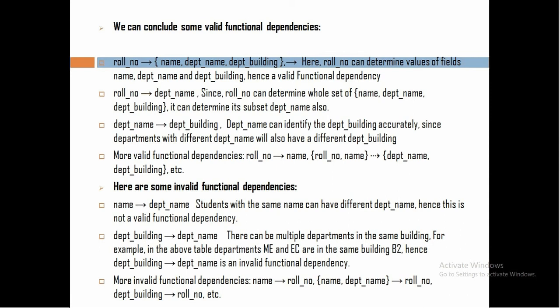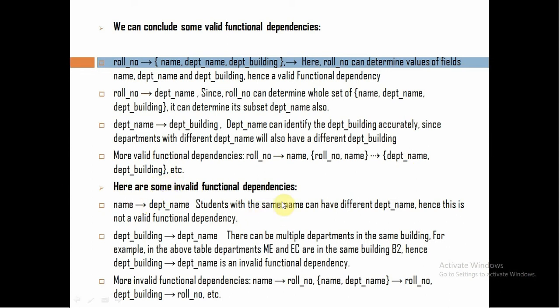These are some valid functional dependencies. Roll number determines name, department building. Roll number determines department name, and department name determines department building. Roll number, name also determines department name, department building and so on.